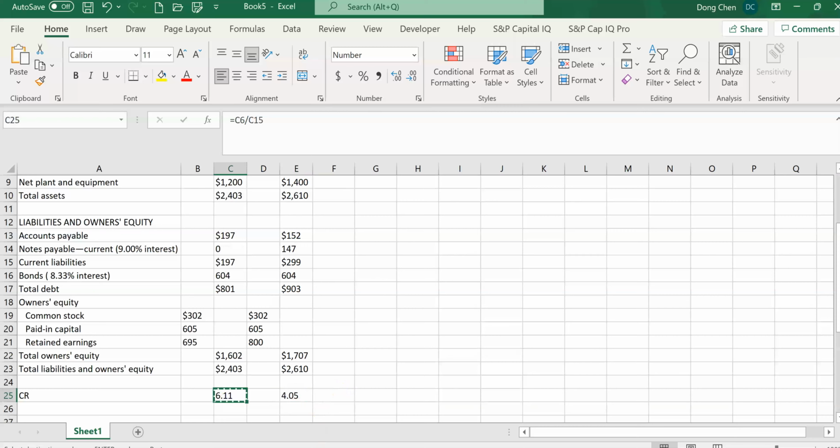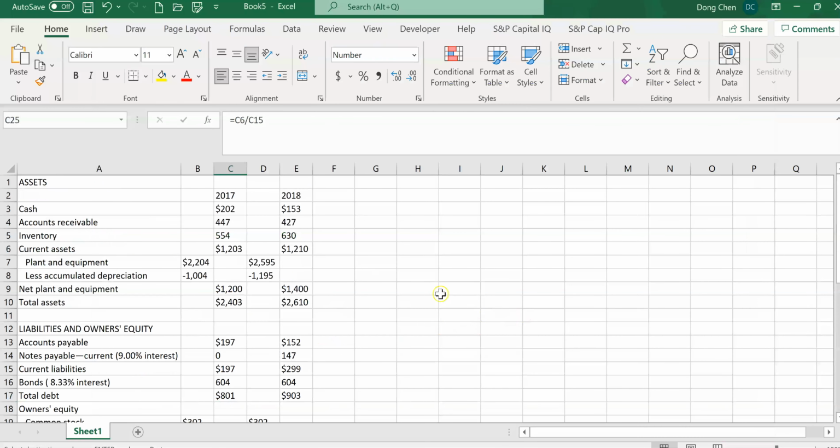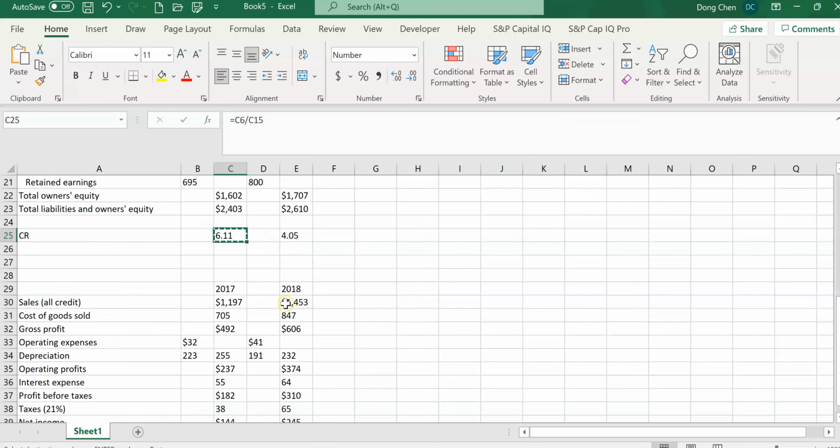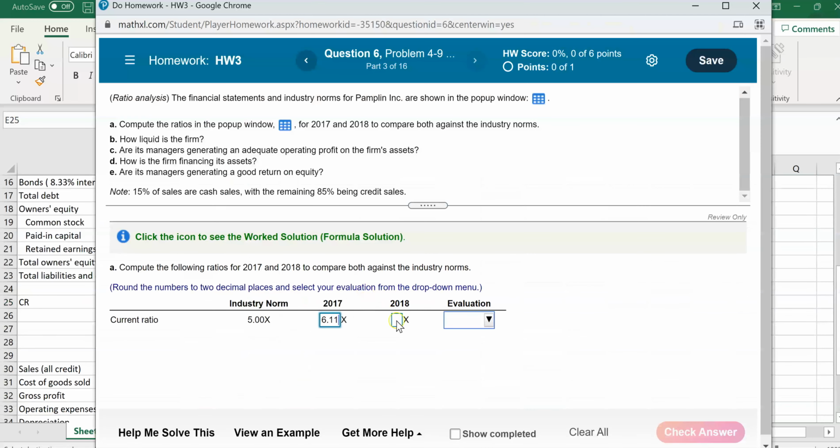So then just copy the answer back to MyLab. Make sure it matches the years. Yeah, 2017 is to the left and 2018 is to the right. So once we compare this with the industry norm, we can see that in 2017 it's greater than the industry norm, but in 2018 it's actually smaller than the industry norm.